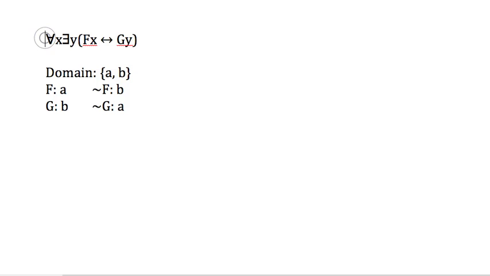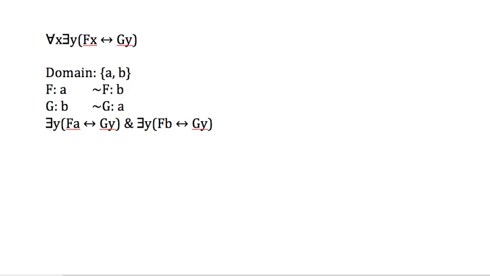So, this sentence is saying that every object X in the domain fits this description. Every member X of the domain fits this description. Now that means that A fits this description and B fits this description.